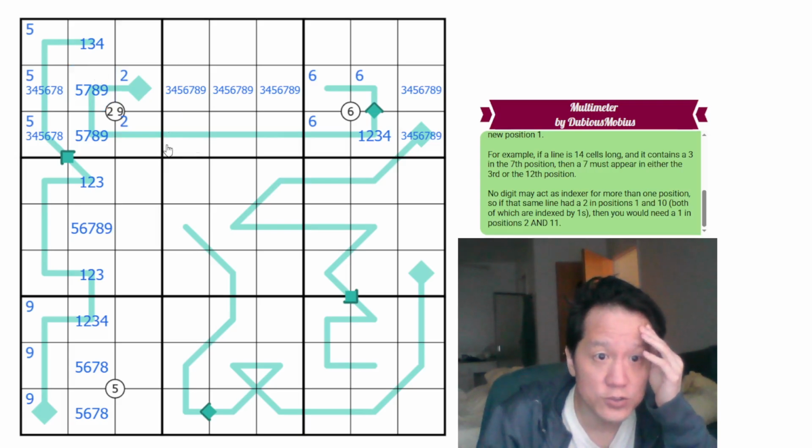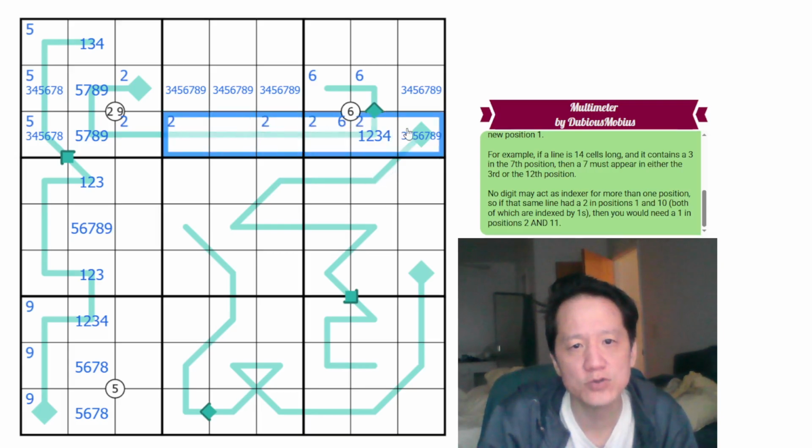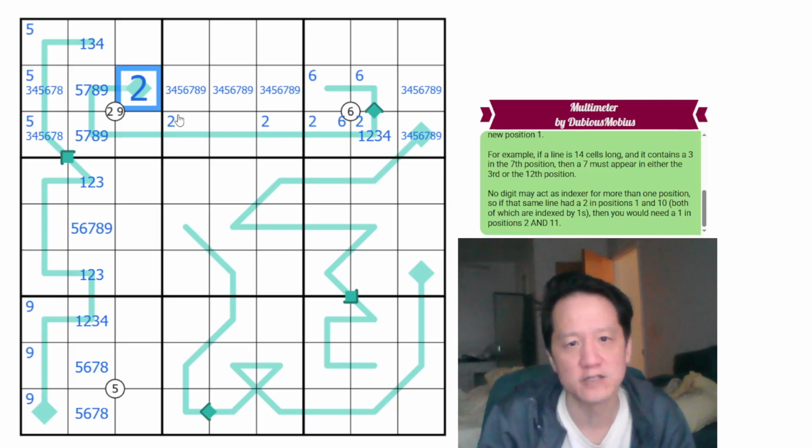We have a 2 somewhere along in the 5th, so the 2 can either be here, 5th, 7th, 8th, or 9th positions, which means 2 cannot be in the rest of that row, so this cannot be 2, which means this has to be a 2. So, okay, that logic is still the same.